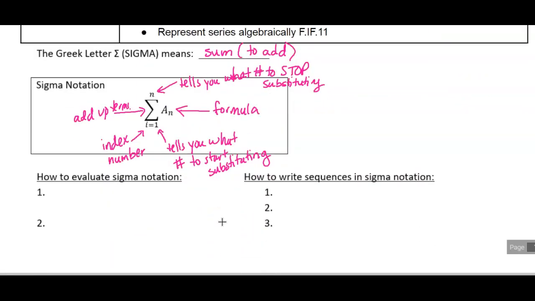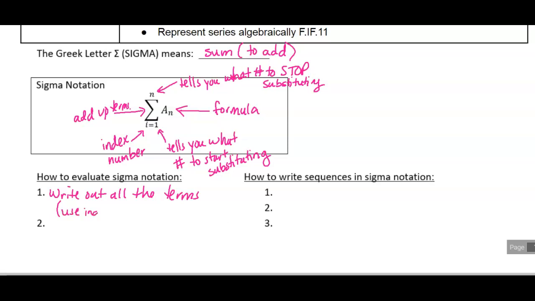So the first thing you want to do is write out all the terms. There are some shortcuts, but typically it won't be very many, so writing them all out is not terrible.